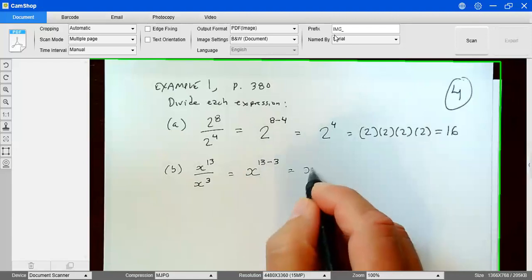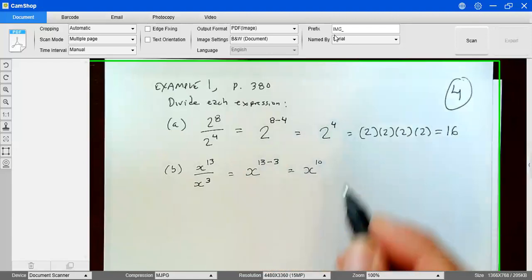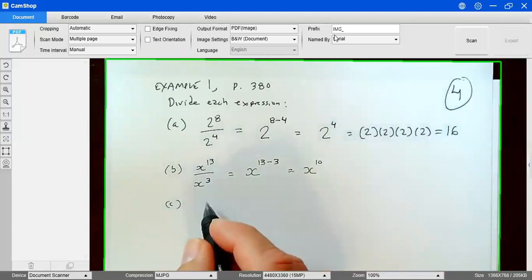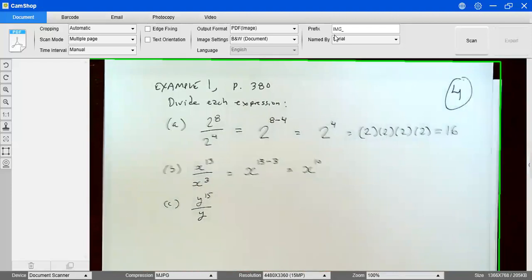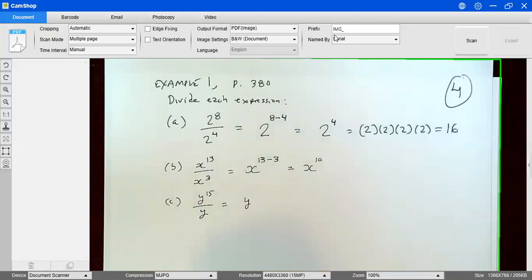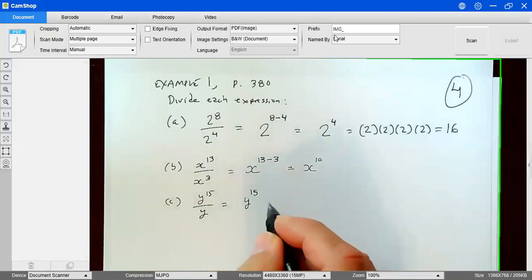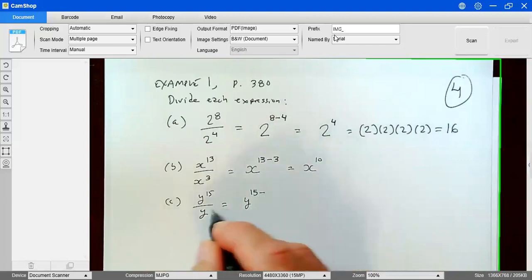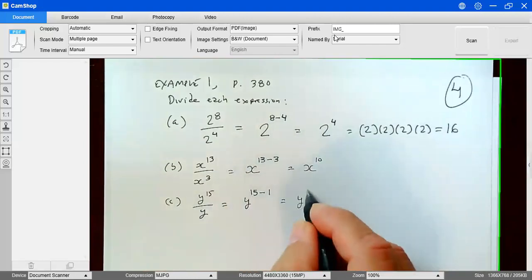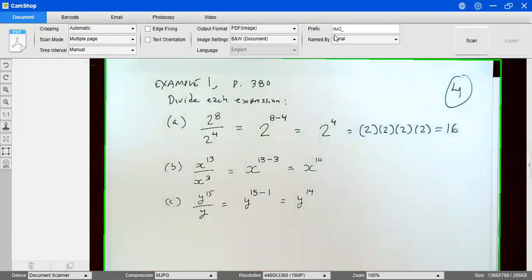So this is going to be x to the 10th power. We have one more case. We have y to the 15th power over y. So here y is the base. The exponent from the numerator is 15 minus the exponent from the denominator is 1. So the answer is y to the 14th power.